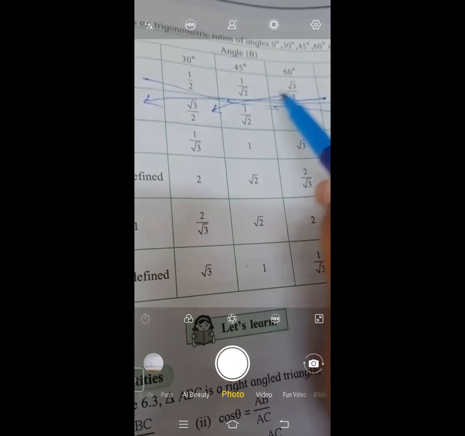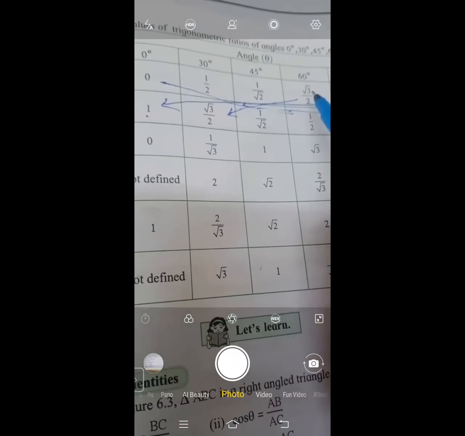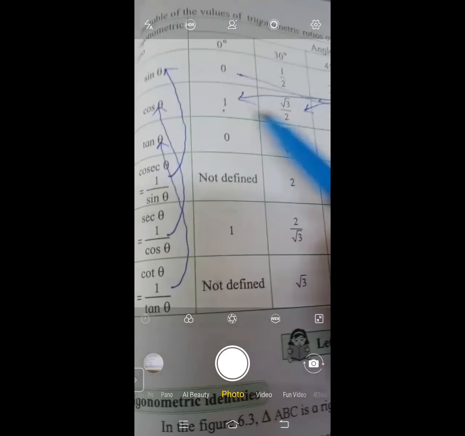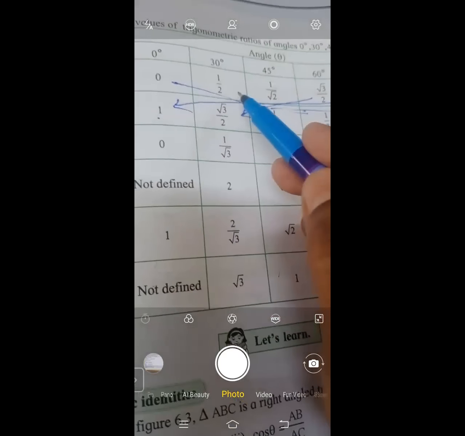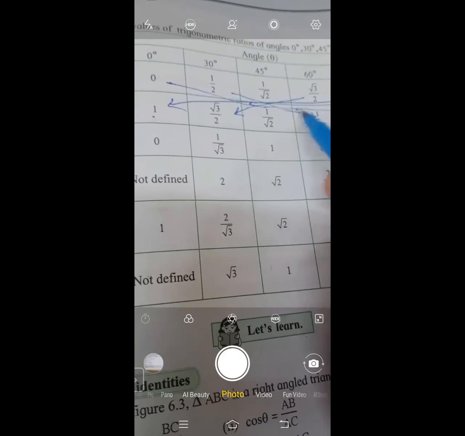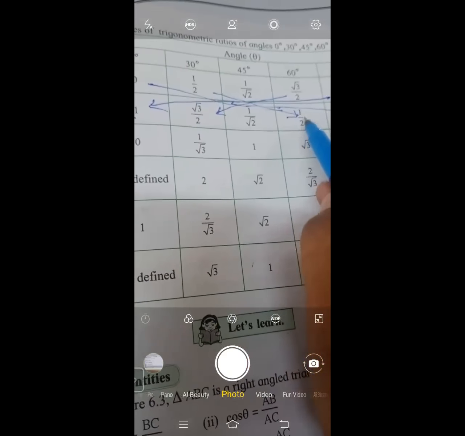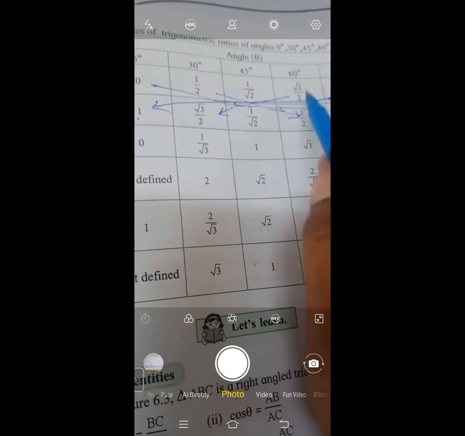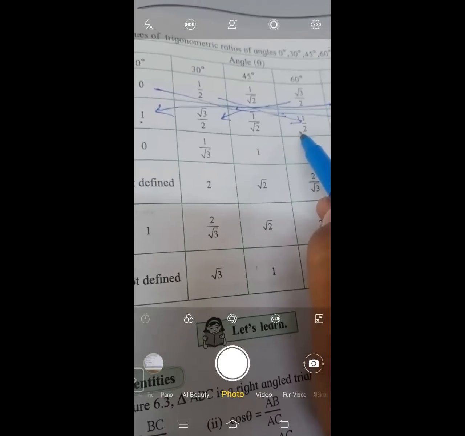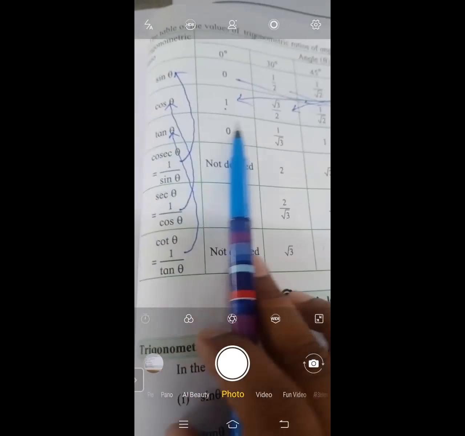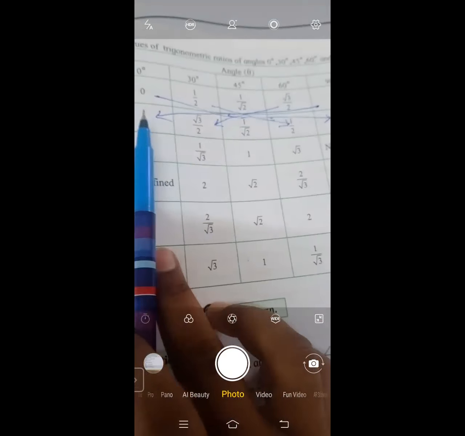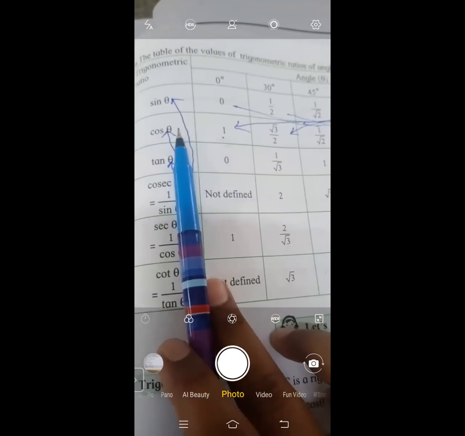Sin 60 degree is root 3 upon 2, so now cos 30 degrees is root 3 upon 2. Just remember this. Now write 1 upon root 2 and 1 upon 2 in this row for cos 60 degree. Again I will repeat what we have done. We don't have to remember these things; if you understand this logic, you will easily remember it.